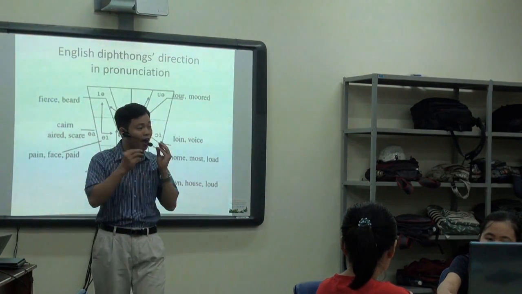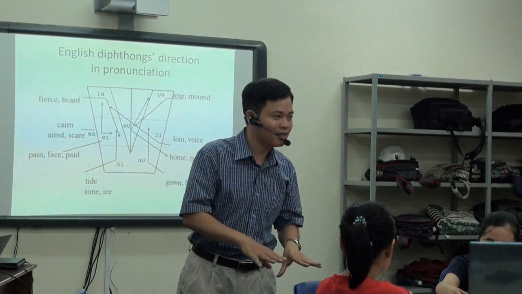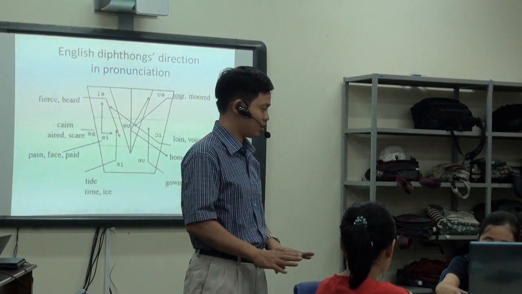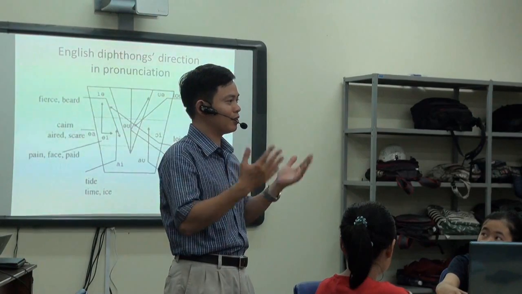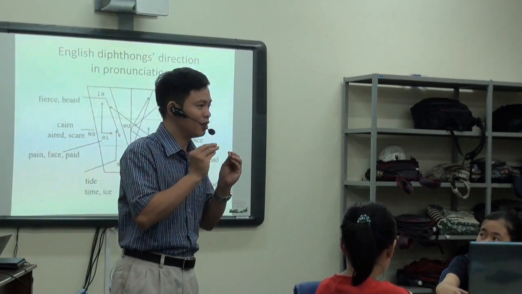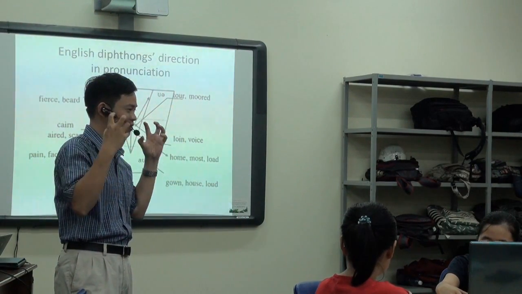So it's harder for you to train your muscles, and that's why it's easier for you to imitate the sound when you are smaller. So that's one of the reasons why, when people have gone past the puberty, it's harder for them to produce sounds like a native speaker, because the muscles are different.